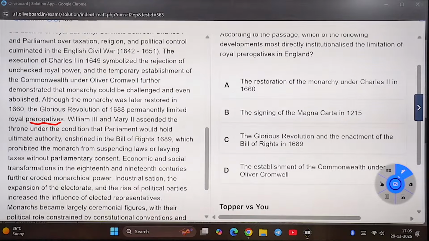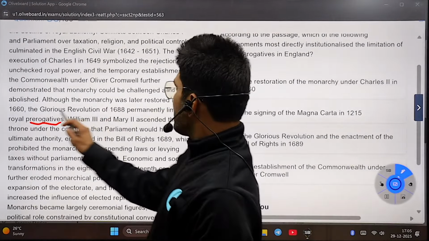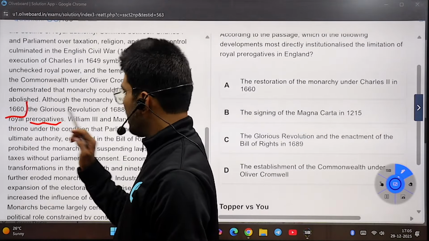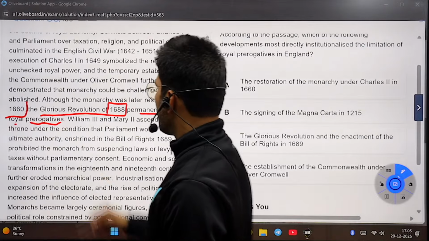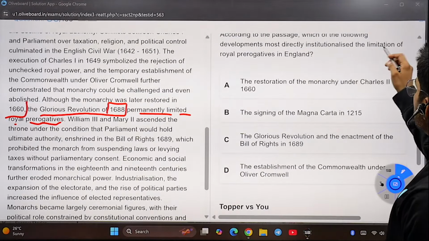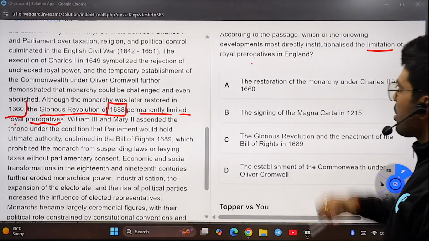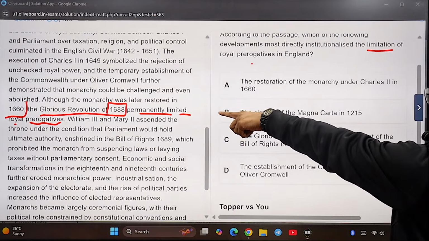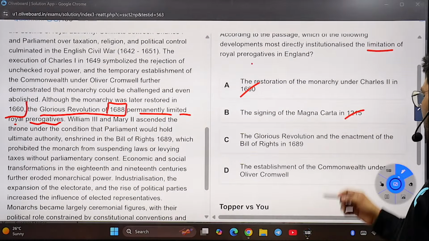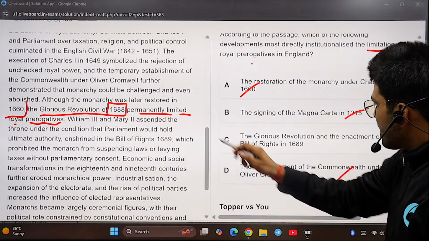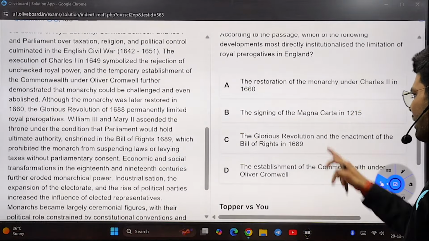Straight in the previous line: although the monarchy was restored in 1660, the Glorious Revolution of 1688 permanently limited the royal prerogatives. Most directly institutionalized the limitation of the royal prerogatives? The Glorious Revolution of 1688. 1660? No. 1688. 1215? No. I can't see any year here. The Glorious Revolution. 88, 89? No problem.